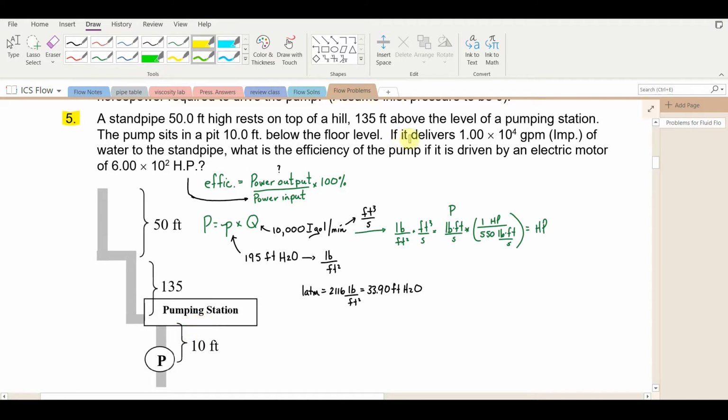And the pump delivers 10,000 imperial gallons of water to the standpipe. So the pump has to lift the water 10 feet plus 135 plus 50 feet, or it has to lift 195 feet. What is the efficiency of the pump if it is driven by an electric motor of 600 horsepower?